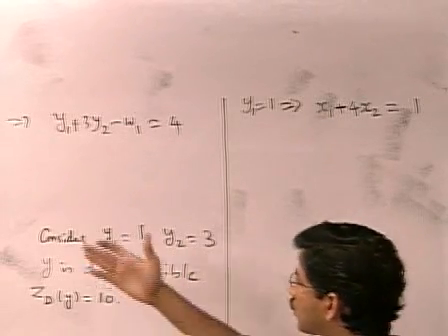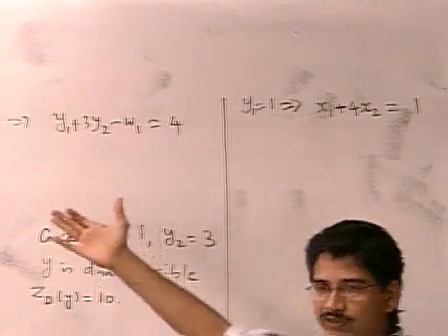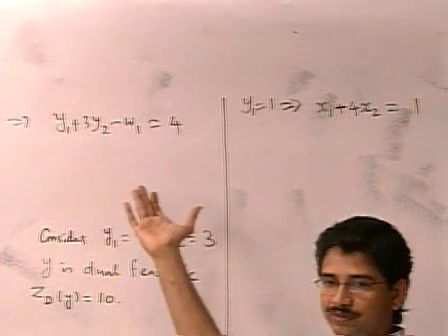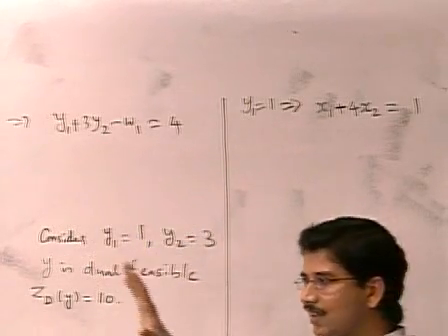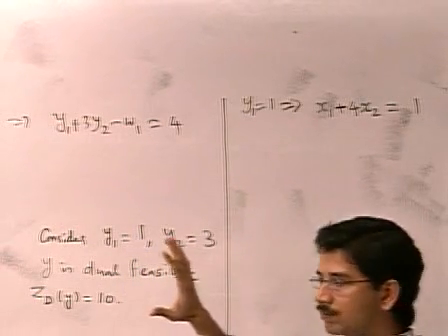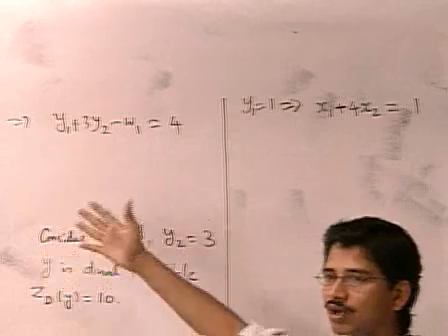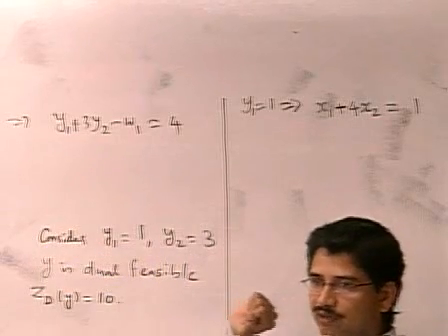For instance, if you take the all zero solution, the primal objective value is 0 and the dual objective value is 0, but the all zero is invalid because you don't have feasibility for the dual.